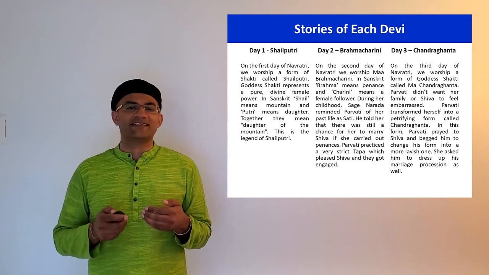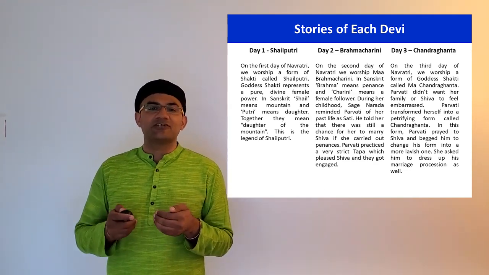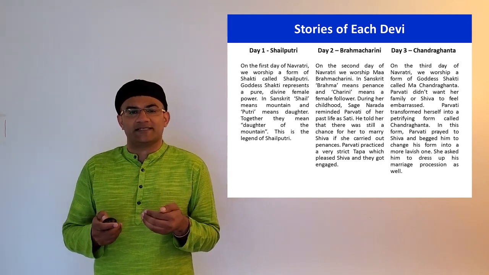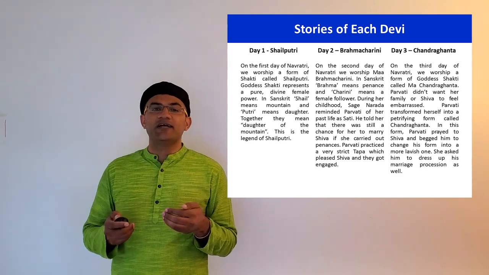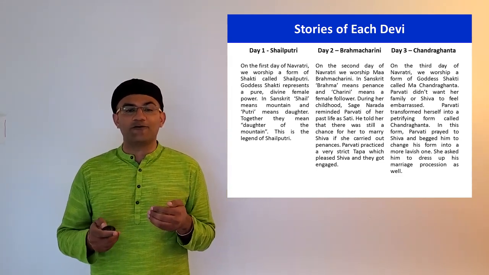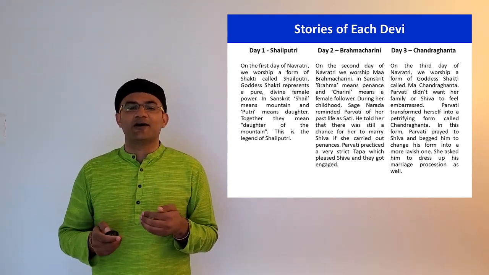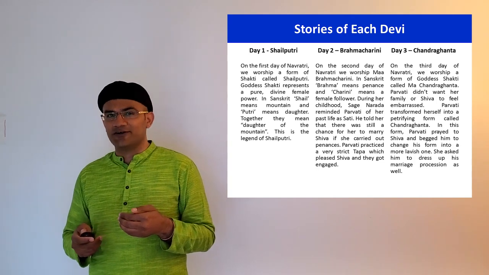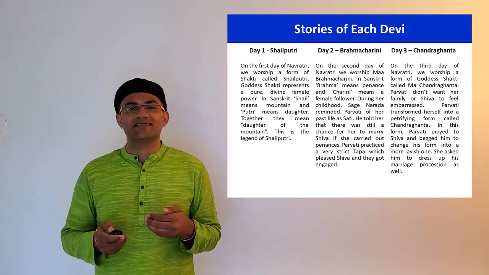Brahmacharini. On the second day of Navaratri, we worship Ma Brahmacharini. In Sanskrit, Brahma means penance, and Charini means a female follower. During her childhood, sage Narada reminded Parvati of her past life as Sati. He told her that there was still a chance for her to marry Shiva if she carried out the penances.